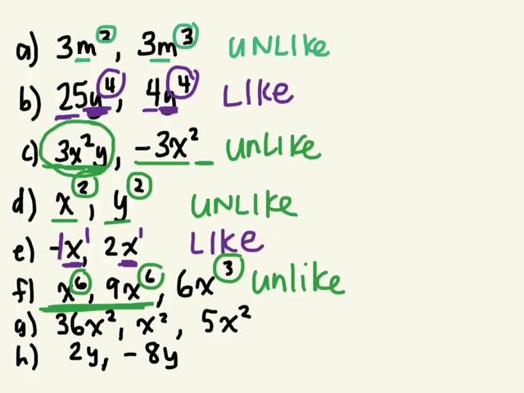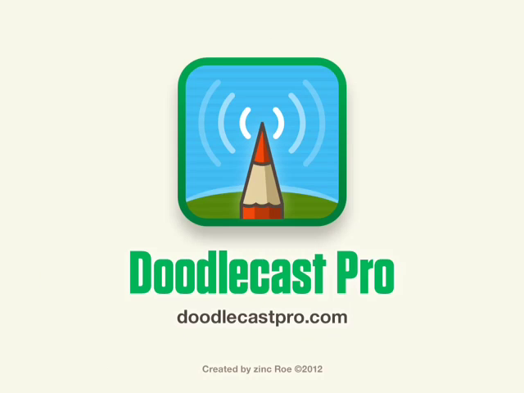These two are like, but this third term is not alike. Okay, and G, like or unlike? Good. Like, how do we know? All exponents and variables are all the same. And then finally, the last one, we have a 2y and we have a negative 8y. Like, what are the exponents for each of these terms? 1. Good.